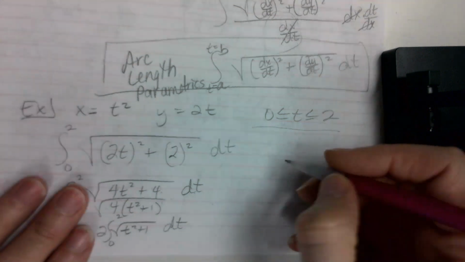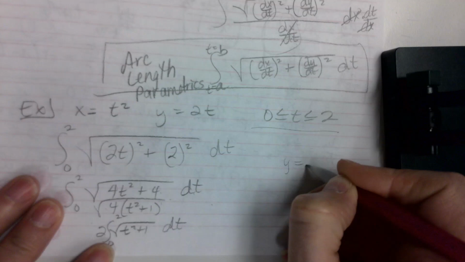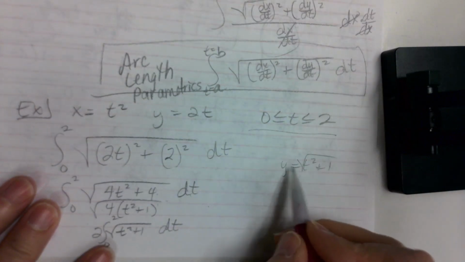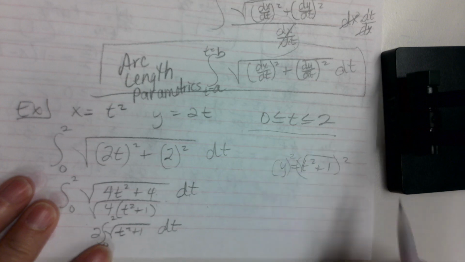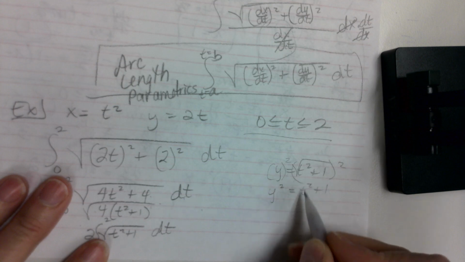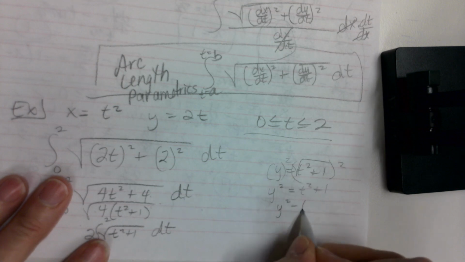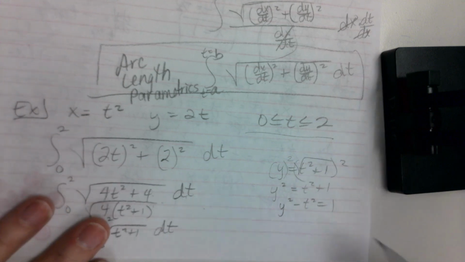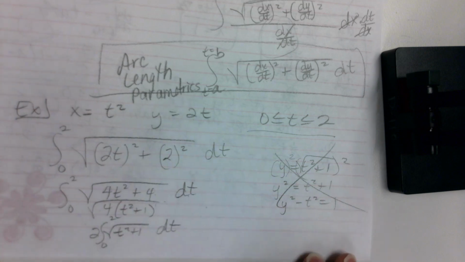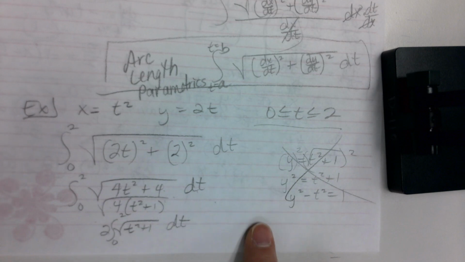Oh, maybe. If I said y equals the square root of t squared plus 1, what would y squared equal? Oh no, that's just going to be y squared minus t squared. That's going to be a hyperbola. I don't have any hyperbola formulas, do I? I got nothing to do this by hand. Many, many times, especially parametric.